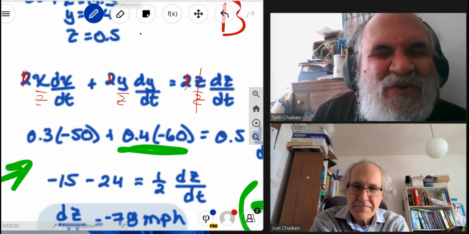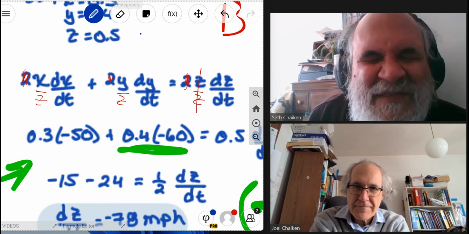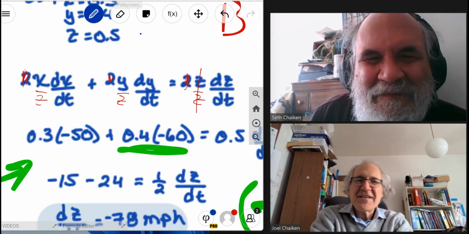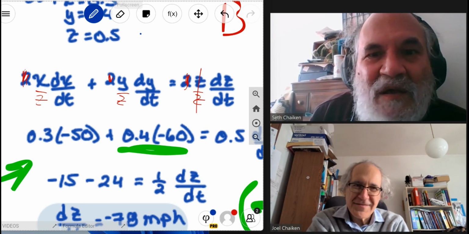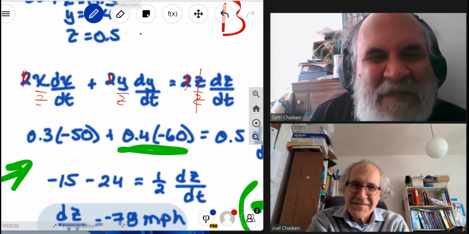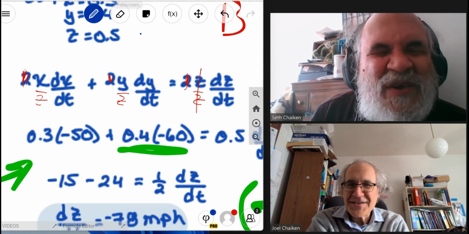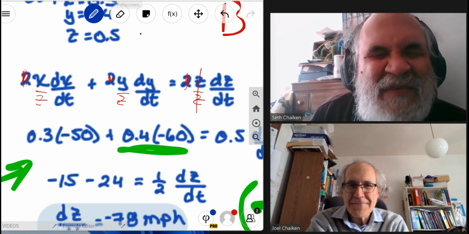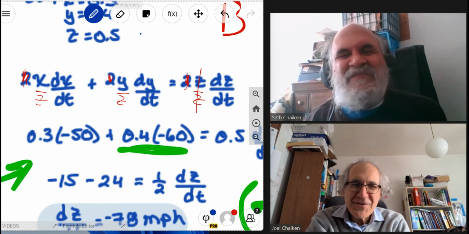And now we're going to do something in physics. It's the dot product between a unit vector and the velocity vector. But end of physics.